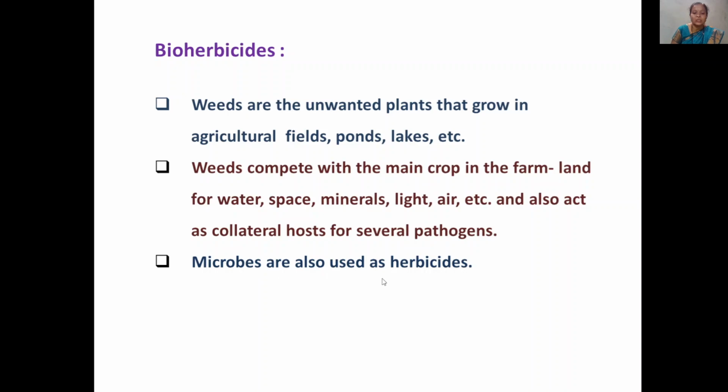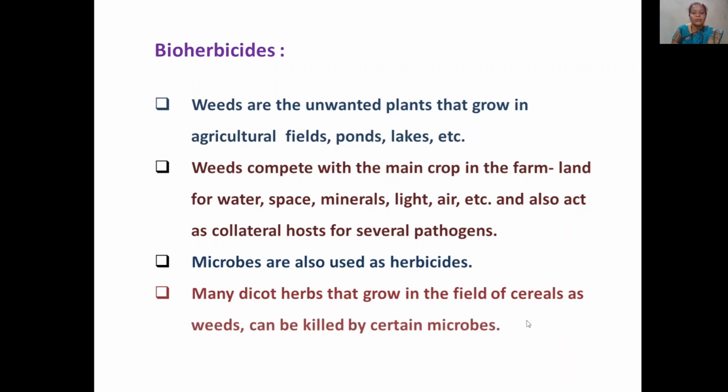Microbes are also used as herbicides. Many dicot herbs that grow in the field of cereals as weeds can be killed by certain microbes.